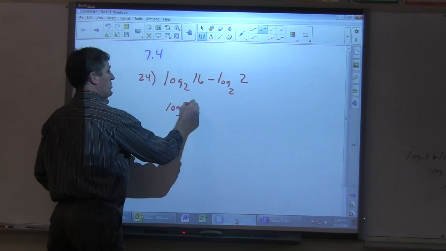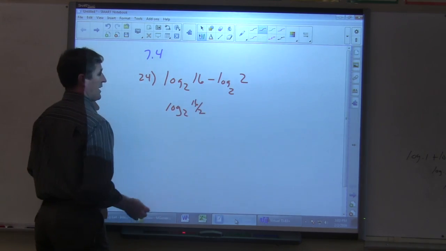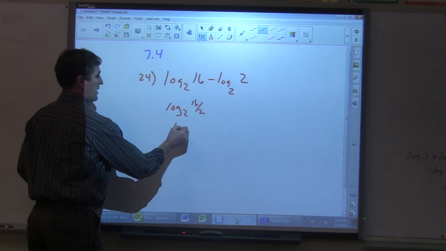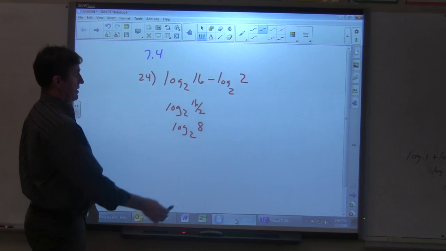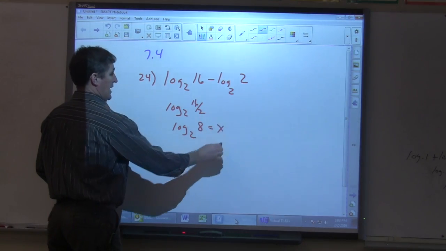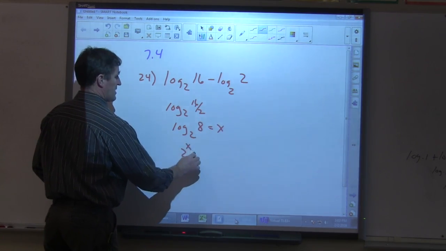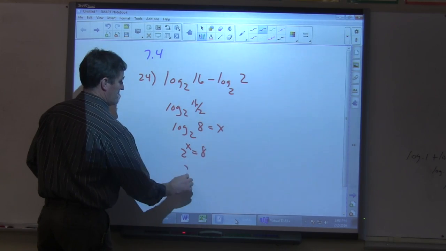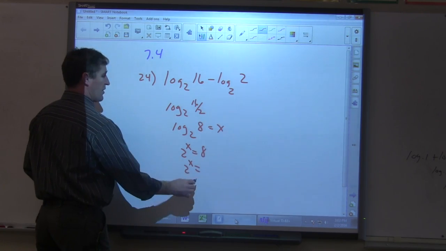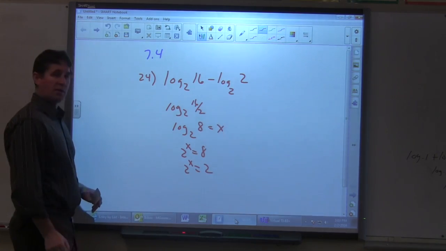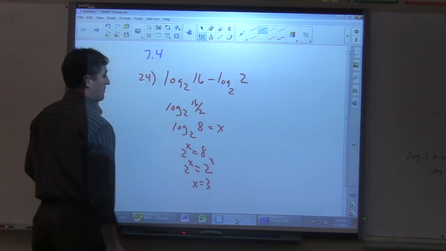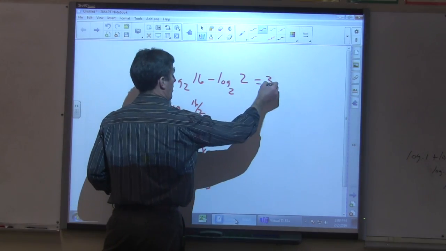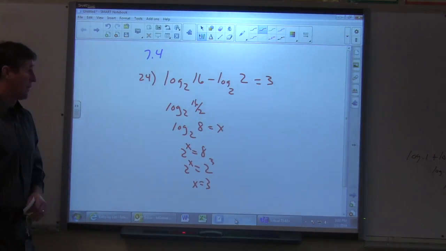So log 2, 16 divided by 2, which becomes log 2 of 8. Again, we put it in exponential form, so 2 to the x equals 8. Now I need to convert 8 into base 2, so that would be 2 cubed, and so x equals 3. And so this problem would equal 3 if we did it that way.